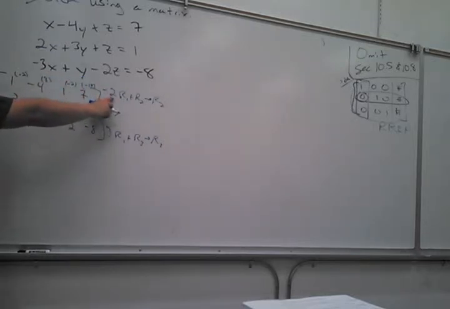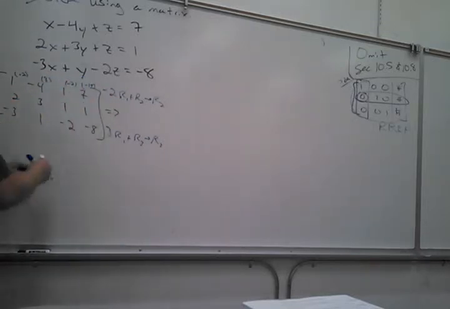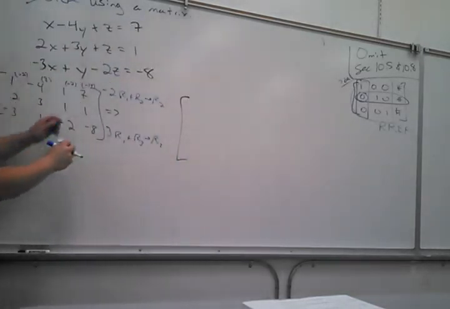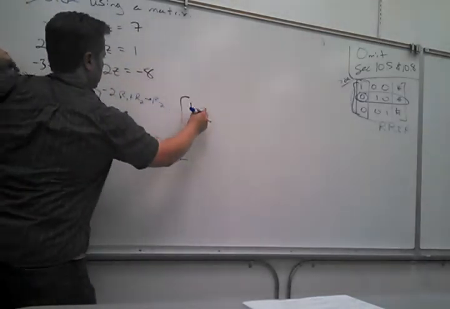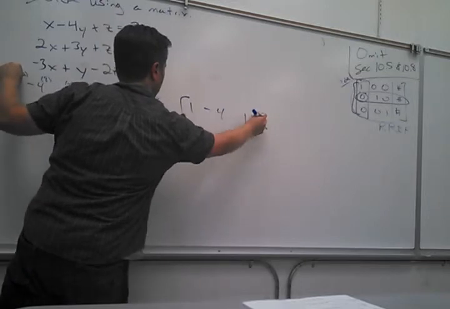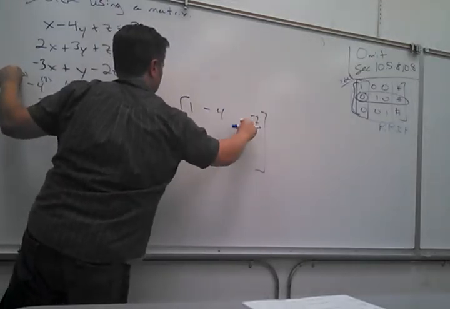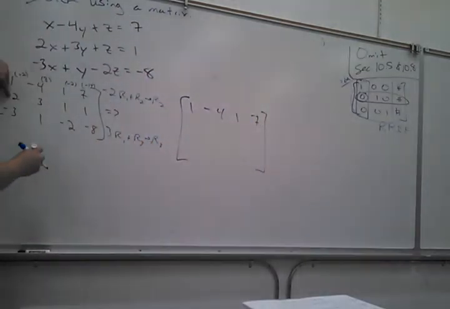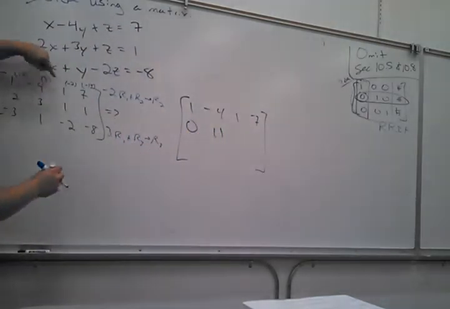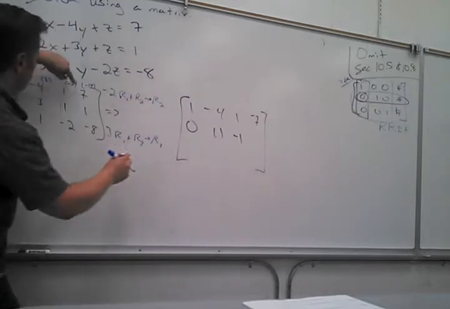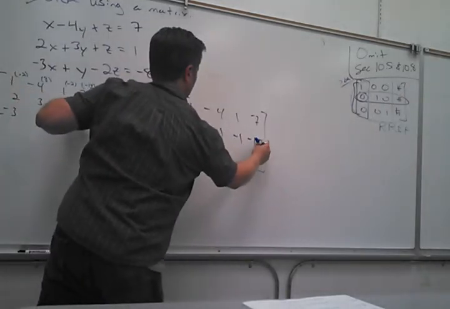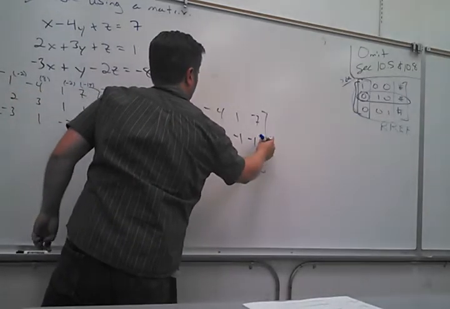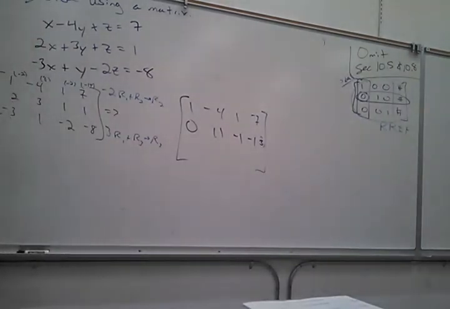That's doing this. So what do I get there? This first row stays the same through this whole thing. -2 and 2 is 0. 8 and 3. -2 and 1. -14 and 1. You guys with me?